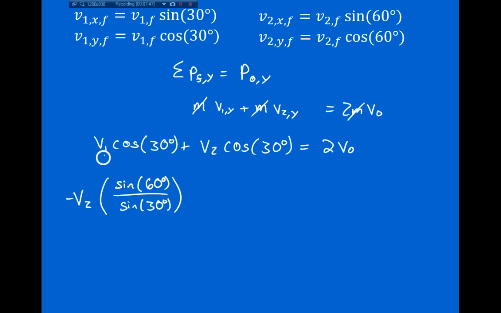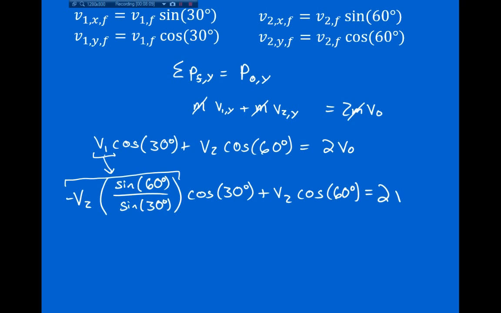So this whole thing here is just v1 times cosine of 30 degrees, plus v2 times cosine of 60 degrees, is equal to v0. Now I have an equation with only one unknown, v2.